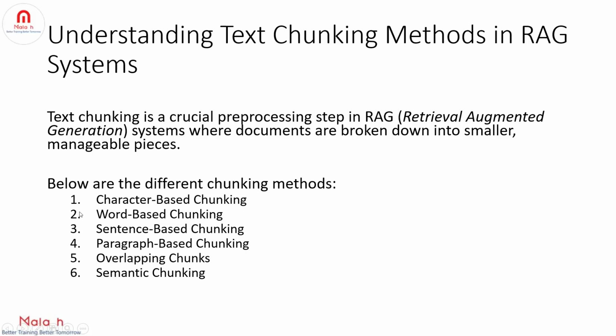We have different chunking methods: character-based chunking, word-based chunking, sentence-based chunking, paragraph-based chunking, overlapping chunking, and semantic chunking. And we have already seen the recursive character text splitter, which we used in our RAG question answering project.